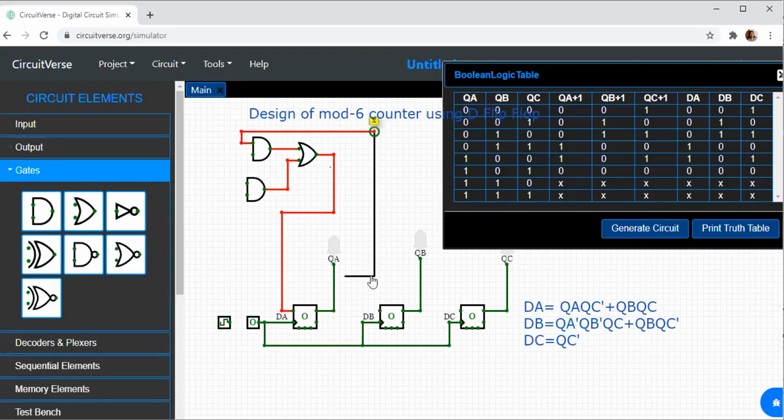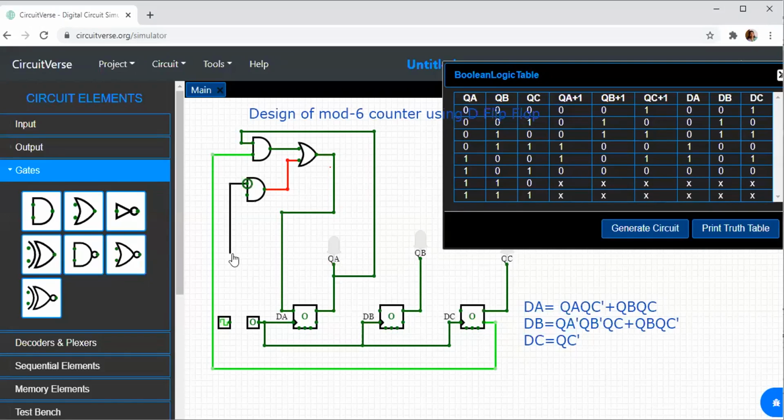You should make the connection such that shorts are avoided. QA into QC bar, so here it is QC bar. Then QB into QC. So this is QB.